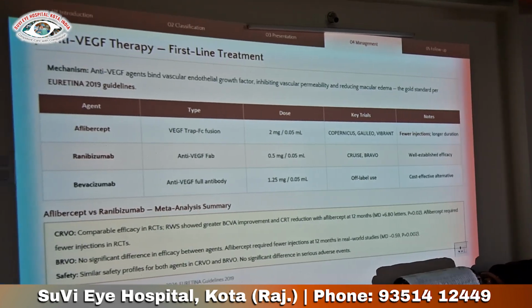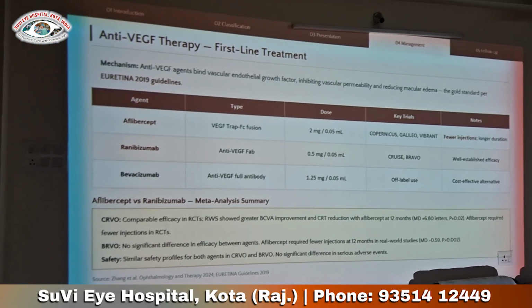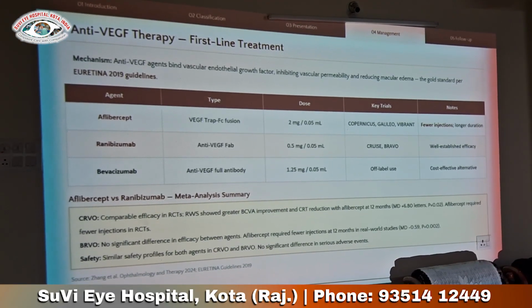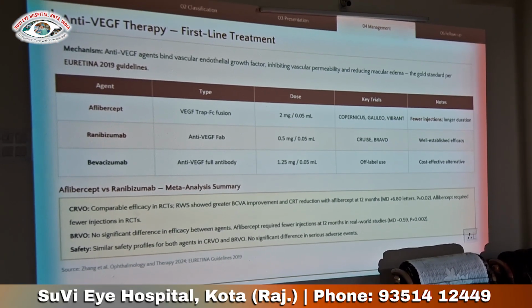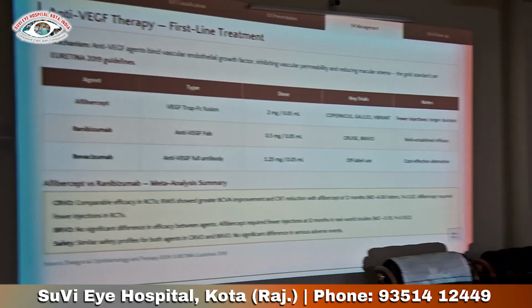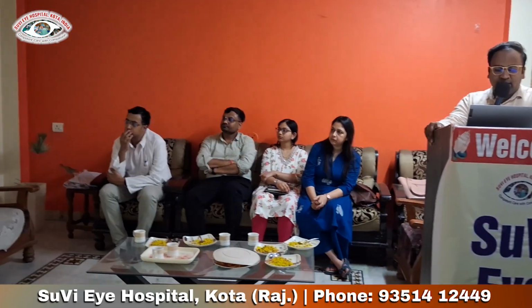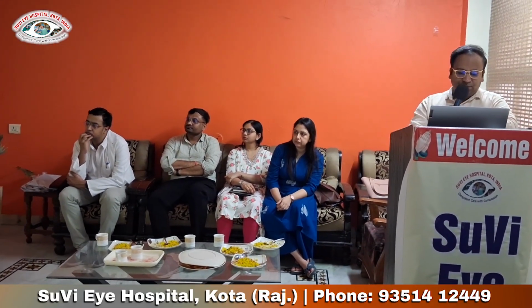The first-line treatment would be anti-VEGF therapy. The mechanism of action is that it binds to the vascular endothelial growth factor, inhibits the vascular permeability, and reduces the macular edema. There are three main drugs which are used: aflibercept, ranibizumab, and bevacizumab.